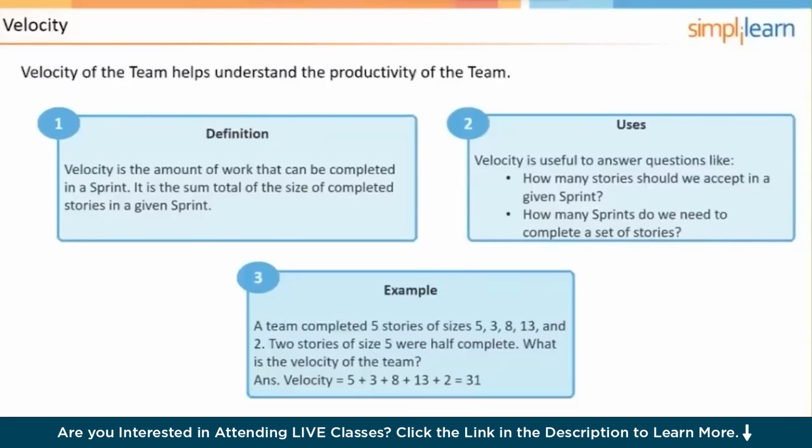And it is an observation. It's not a prediction. So if we're working on sprint 5 and we're working on determining what our velocity is, then it would be the average of the previous 4 sprints.